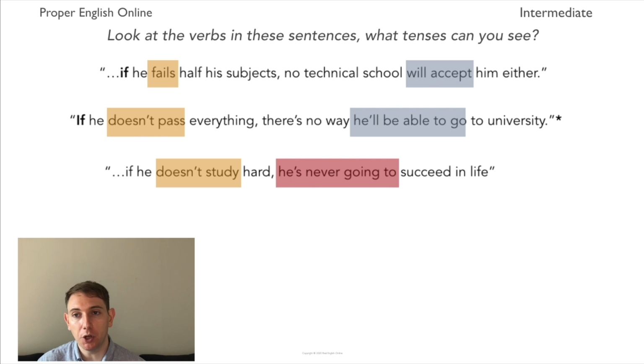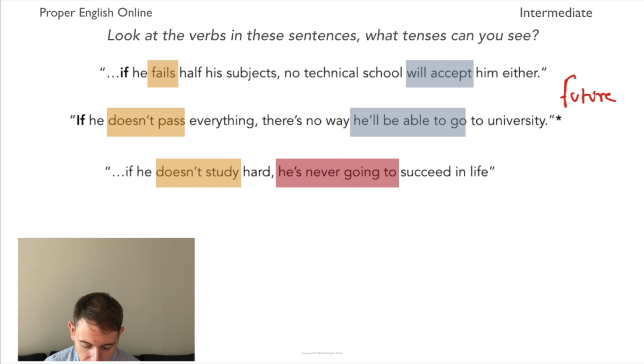But this bluish one over on the other side, we've got will here, will accept, he'll be able to, that's just he will, right? And then he's never going to. This one here is using the future tense again, but it's present continuous. But all these ones here are talking about the future.